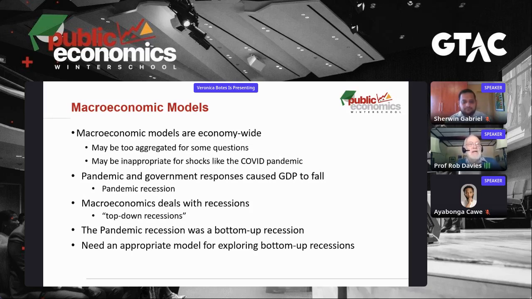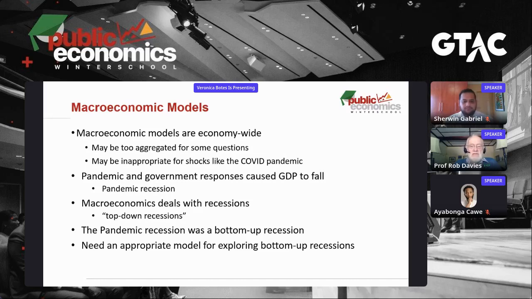A policy may be causing unemployment, or a shock like COVID is causing unemployment. Which types of labor are going to lose their jobs most, and so on? So what we want are models that can be more disaggregated.